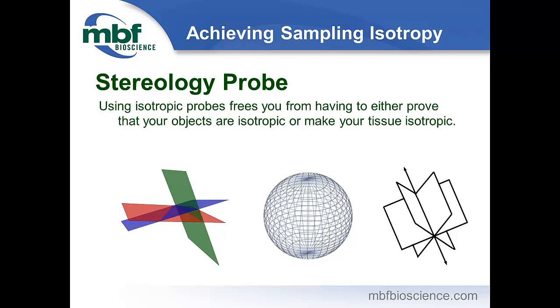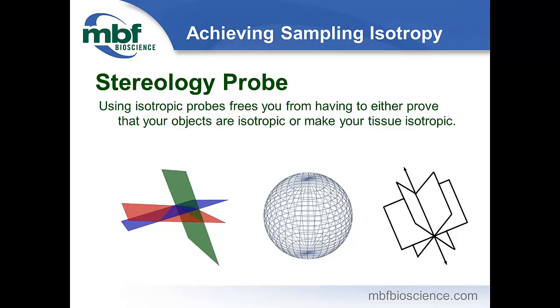We also have a question about whether or not you need isotropy in order to do stereology. The short answer is yes, you need to achieve isotropy in a combination of those 3 ways: either the way that the object is oriented within your organ or structure of interest, the way that you prepare your tissue, or the probe itself has to have isotropy.